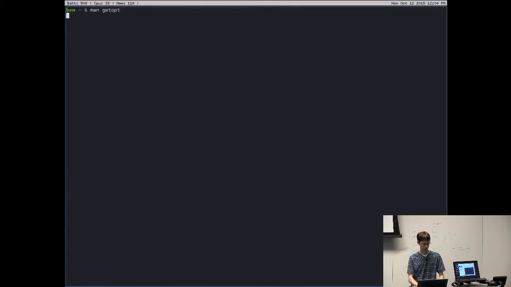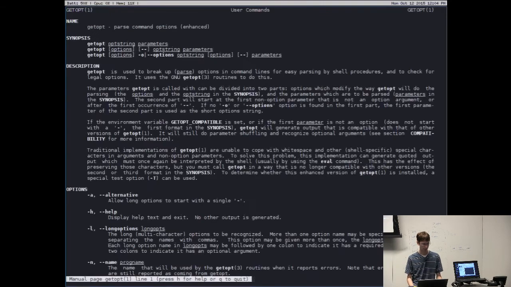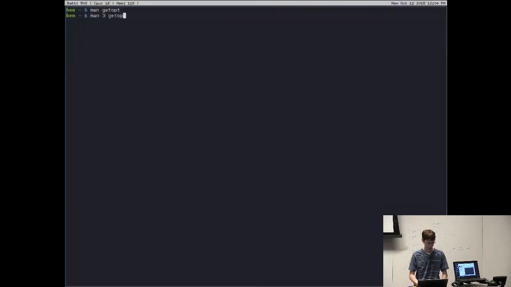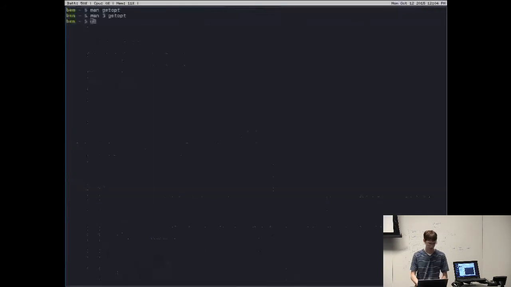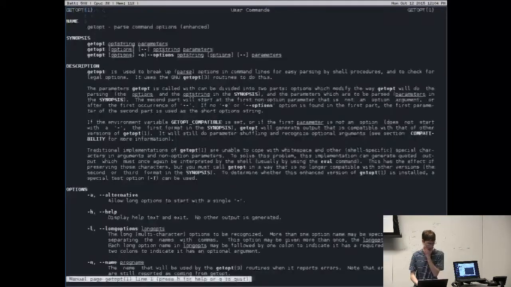So if we just run man getopt, then we get information about it. That was not the function. When you do man getopt, what I got was the page for an actual program called getopt, but what I really wanted was the standard library function.